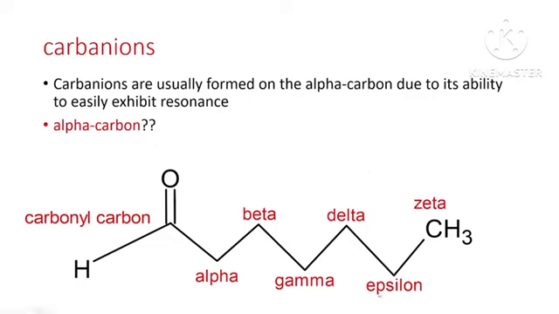But most importantly, when it comes to carbanions, what we need is our alpha carbon. Why? Because it easily has the ability to undergo resonance, and then we can form our carbanion here perfectly and stabilize it with resonance.